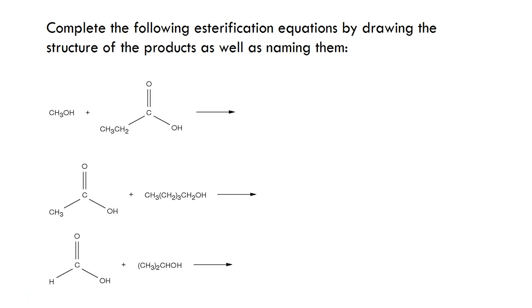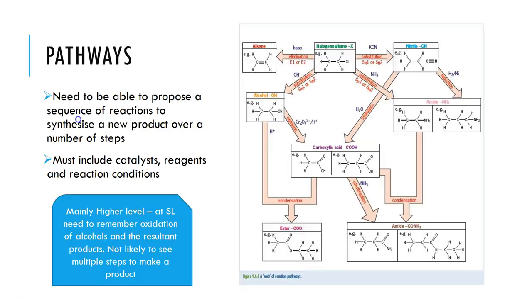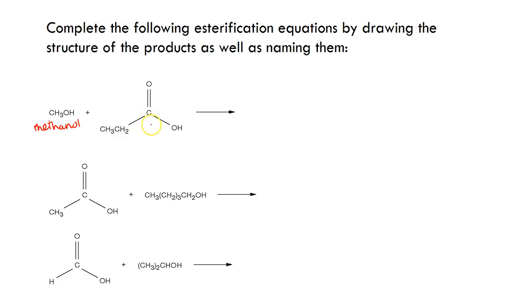So if we have a look here, we have methanol plus, this is our carboxylic acid, and it's 1, 2, 3, so it's propanoic acid. And when we put these together, I'm going to write it in a combination of semi-structural and structural just for ease here.